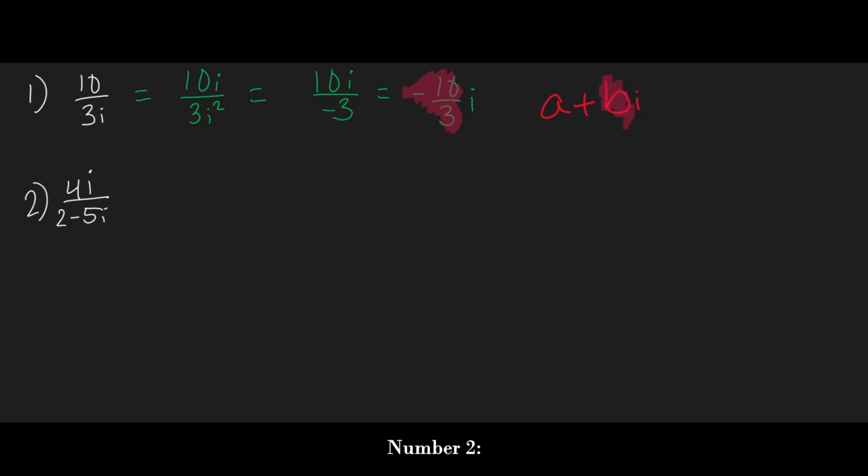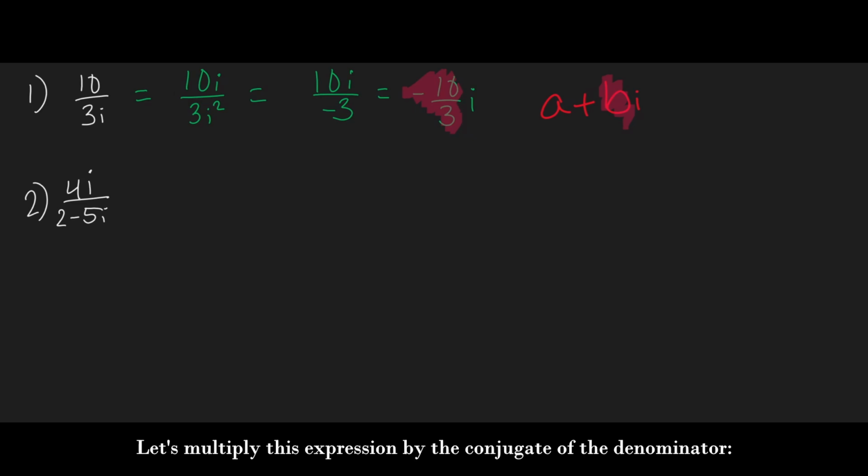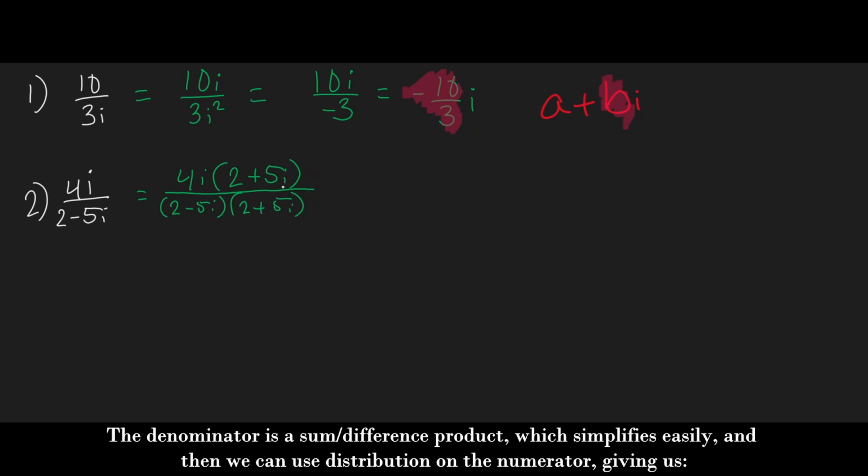Number 2. 4i divided by 2 minus 5i. Now we have a binomial in the denominator. Let's multiply this expression by the conjugate of the denominator. 4i times 2 plus 5i divided by 2 minus 5i times 2 plus 5i. The denominator is a sum-difference product, which simplifies easily.